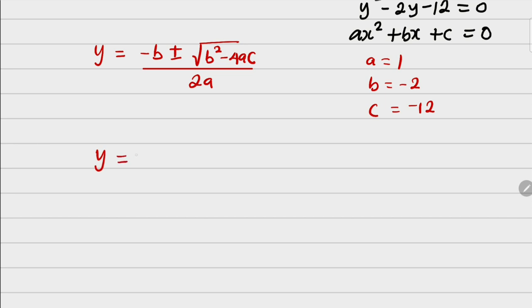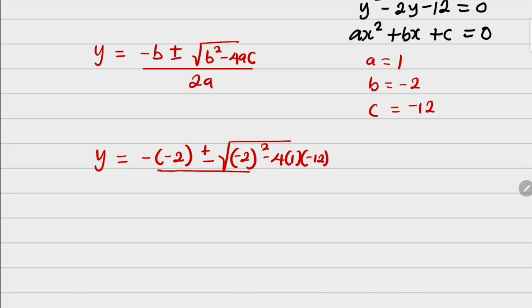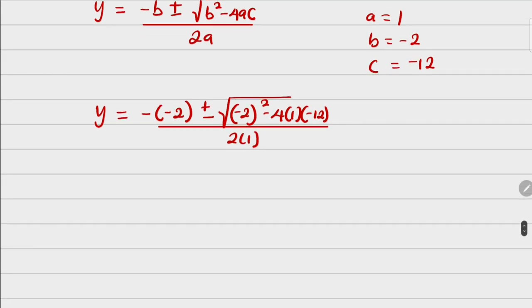So y will now be equal to minus of minus 2, plus or minus the root of minus 2 all squared, minus 4 times a, which is 1, times c, which is minus 12, all over 2 times 1, because a is 1. So this I'm going to have as 2 plus or minus.